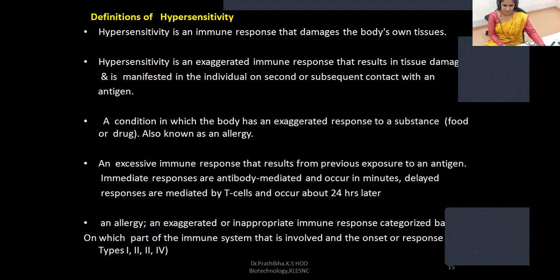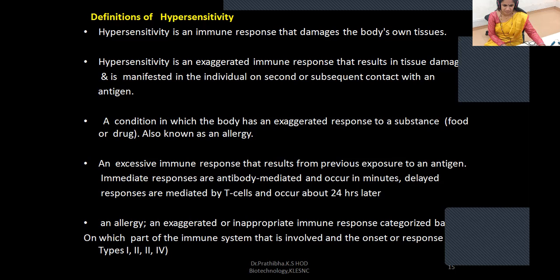When you take hypersensitivity, we have two different forms: immediate responses and delayed responses. Immediate responses are antibody mediated and occur in minutes, whereas delayed immune responses are mediated by T cells and occur about 24 hours later.